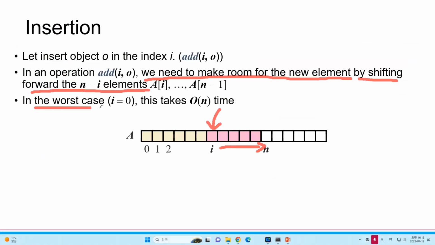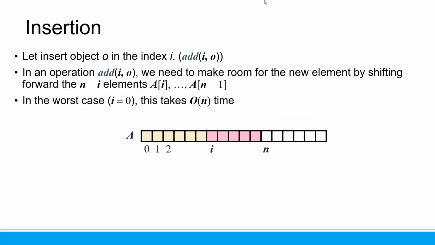In the worst case, when I equals 0, if I want to insert a new element at this index, then every element will be shifted. So index 0 will be shifted to 1, index 1 will be shifted to 2, index 2 will be shifted to 3, and so on.